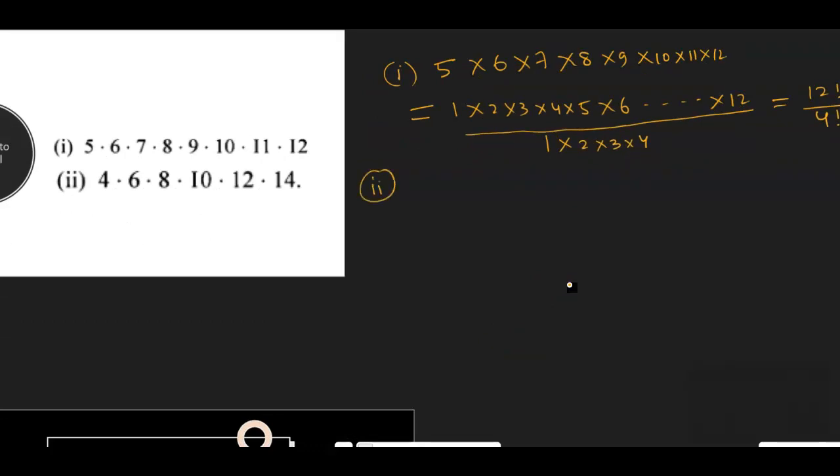How to solve number 2? That is 4, 6, all these are even numbers.